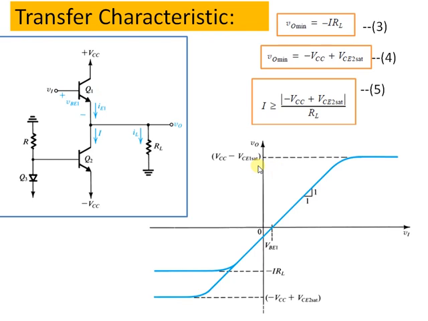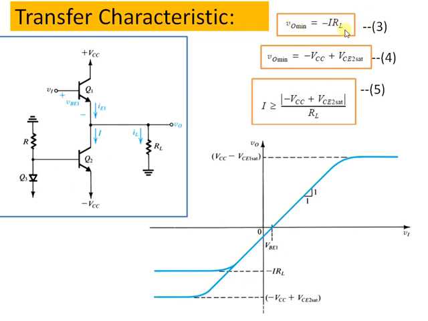In the negative direction, depending upon the values of the current I and the load resistance RL, the limit of the linear region is determined either by Q1 turning off, that is V out minimum equal to minus I into RL, or by Q2 saturating.